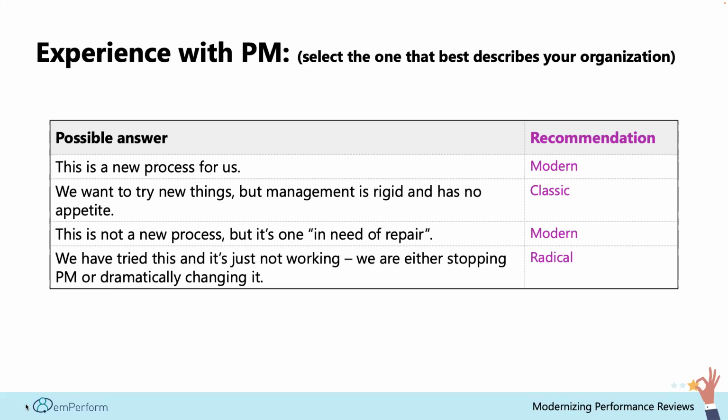If it's not a new process, but one in need of repair, we usually gravitate towards modern here. And lastly, this comes up. Hey, we've tried everything and it's just not working. We either stop the whole thing or we blow it up and make it totally different. Then, clearly that's a radical recommendation.